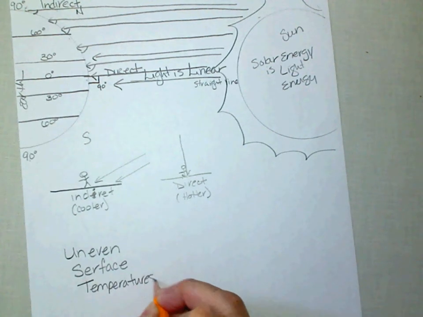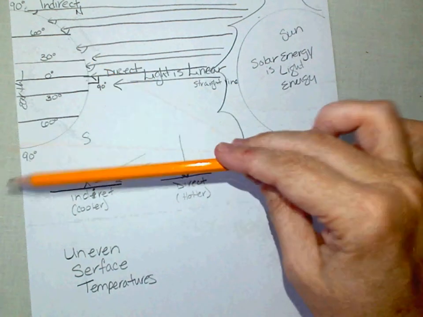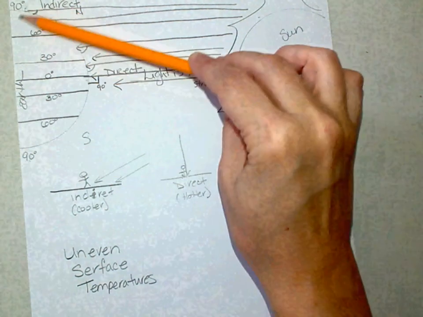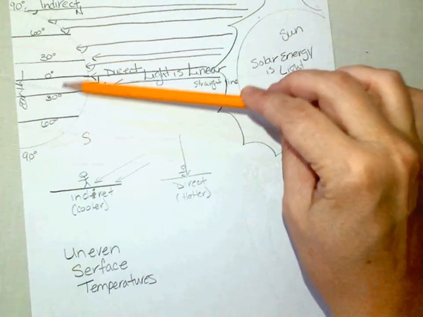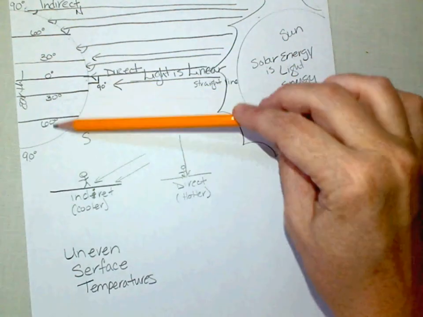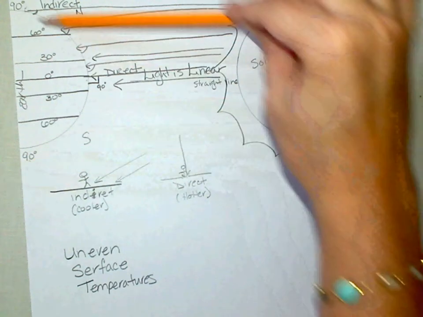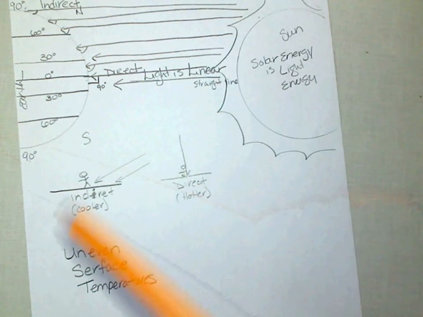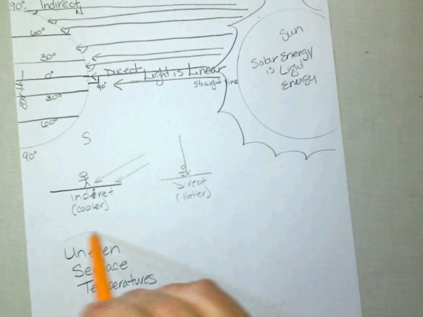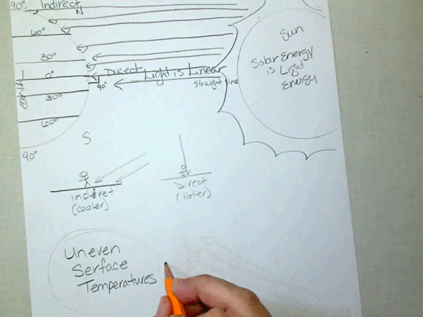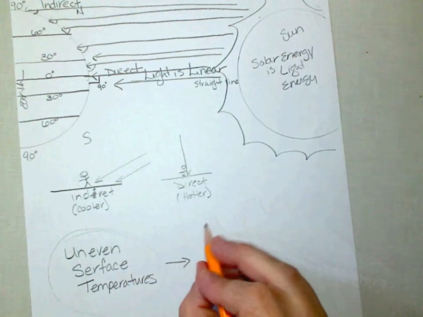That means that it's going to be much warmer here than it is here and much colder here. Really hot here, warm here, and cold here. Very uneven surface temperatures, right? Very uneven surface temperatures.